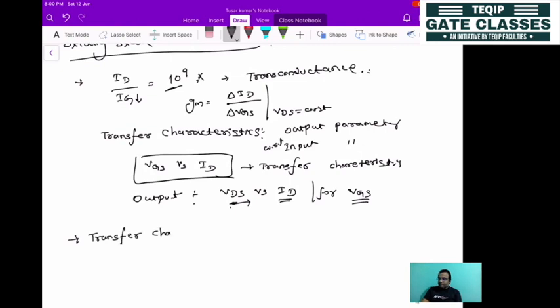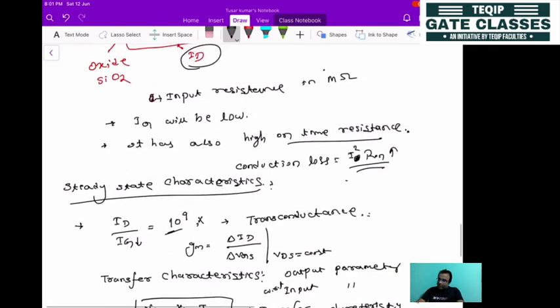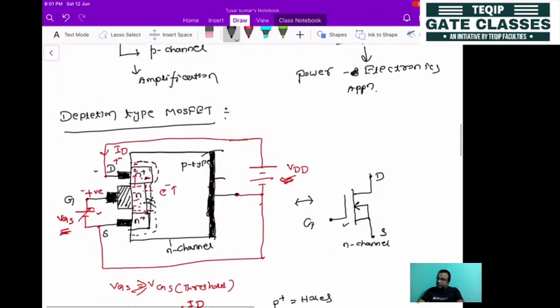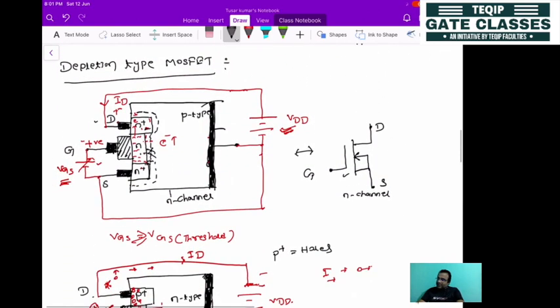Transfer characteristics. For understanding the transfer characteristics, let's go to the N channel depletion type MOSFET. The first one is the N channel depletion type MOSFET, and let's draw the characteristics here.